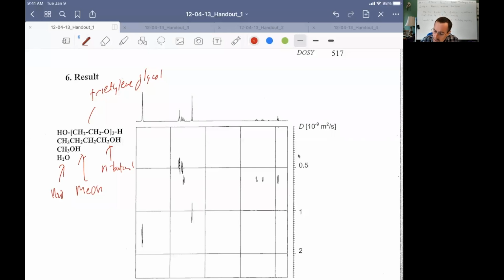And this is what you see in the spectrum. So here's our H1 NMR spectrum. And it's kind of complicated.